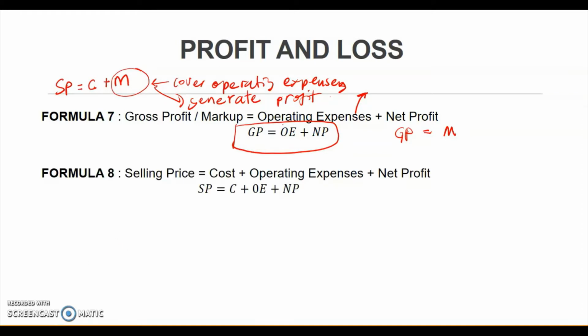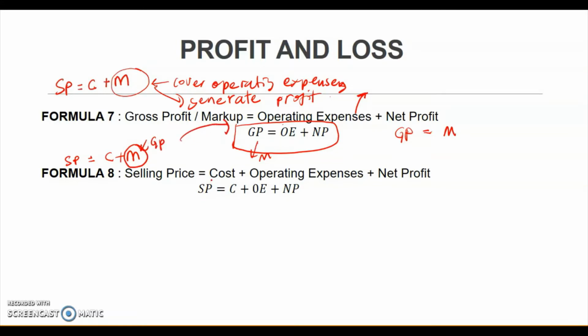Okay, so since this gross profit or this markup is equal to OE plus NP, hence I can derive the new formula for selling price. Previously, the selling price formula is just C plus M, but now this M is the gross profit, and the gross profit formula is this one.